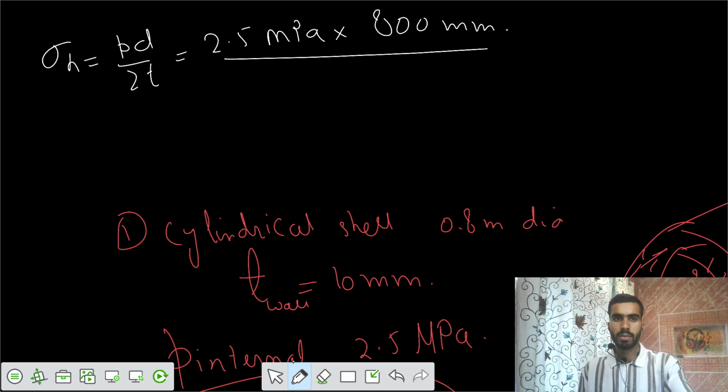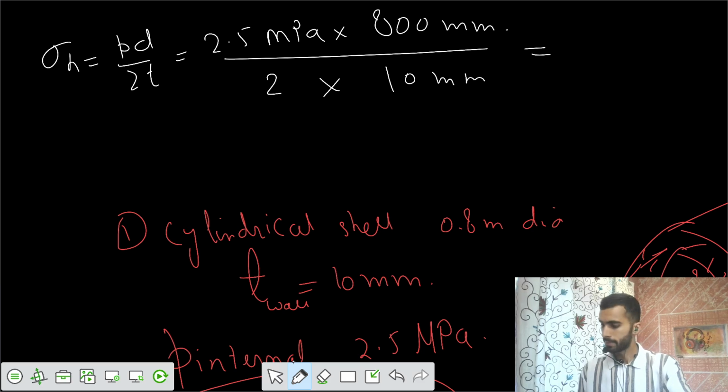We have PD by 2 times thickness, so the value of hoop stress equals 100 megapascal.